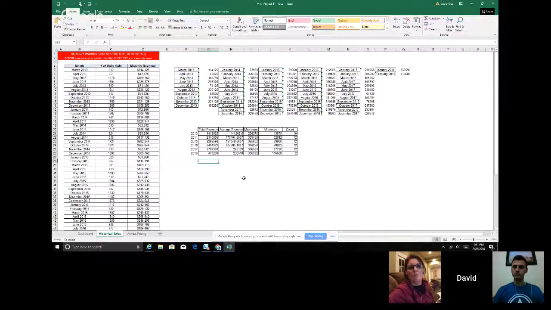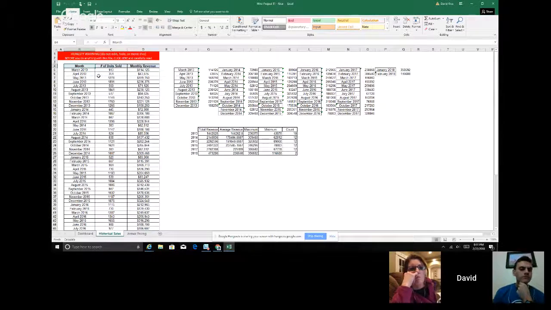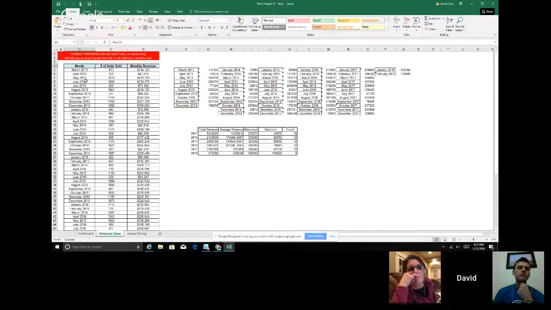In order to make it so you can change these things wherever you want, it said you have to have this chart with the months, number of units sold, and the monthly revenue. You want it so that they can change it however they want, right? They can sort it any way they want. Exactly.